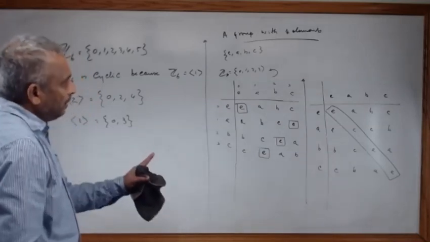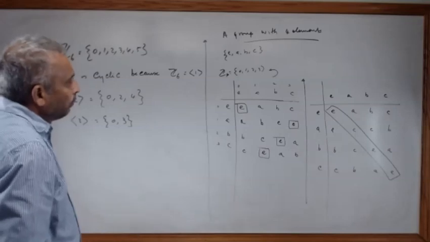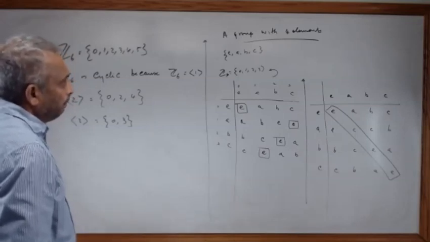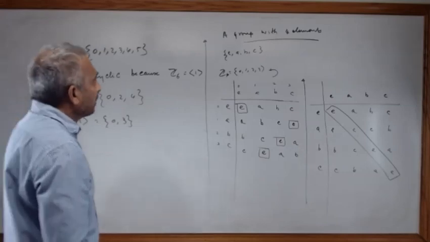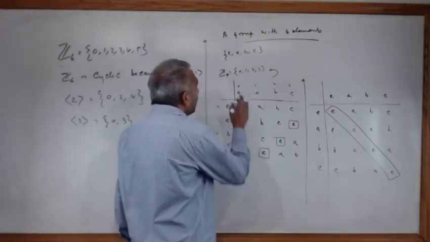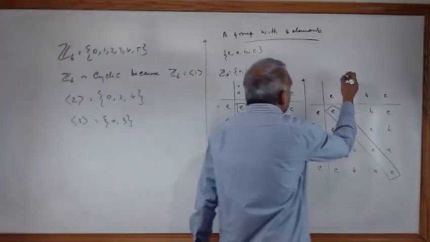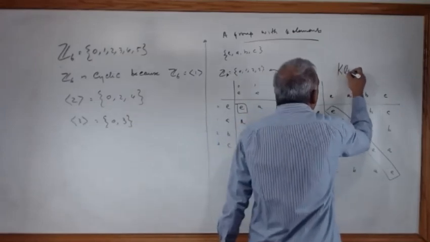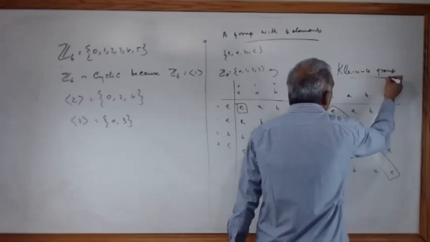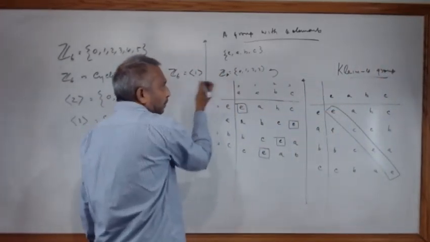The reason why I brought up these two different groups is because the subgroups generated by elements are different in both places. This is actually called the Klein 4 group, and this is our normal C4.